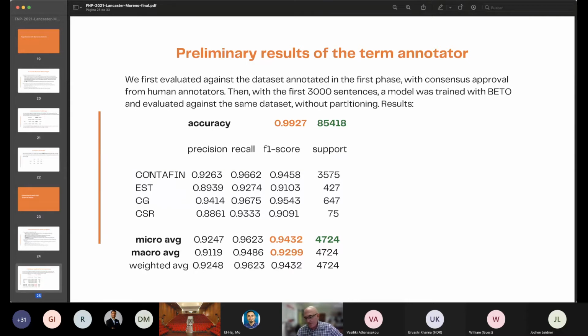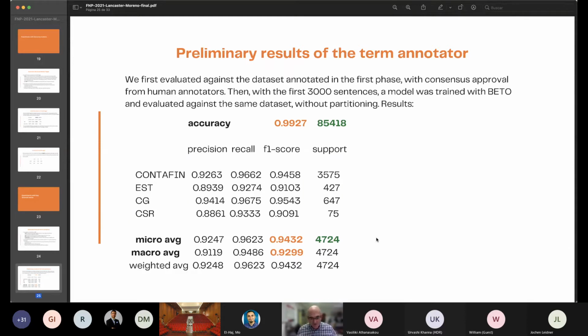Accounting and financial terms are most of the total, and there are very few for corporate social responsibility. So this imbalance is also very difficult to address. In the micro average, we attain 0.94.